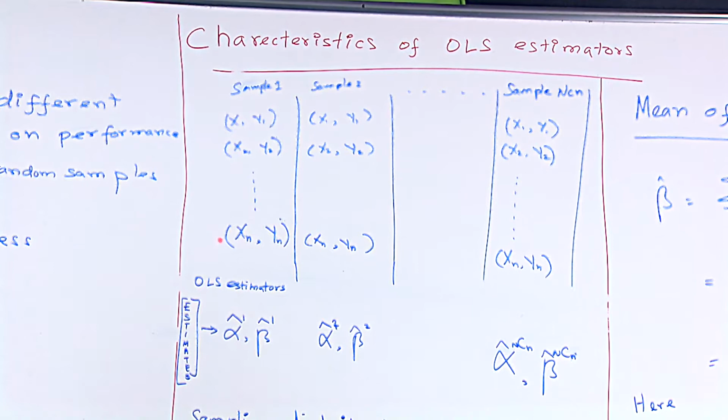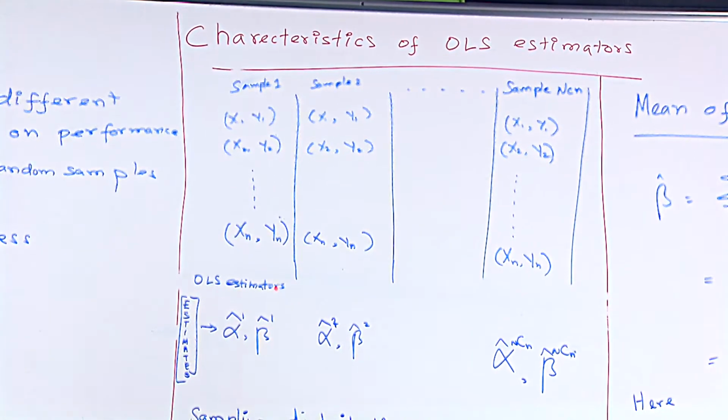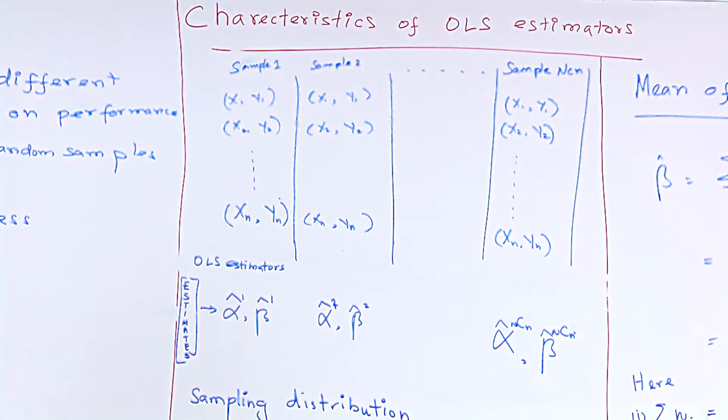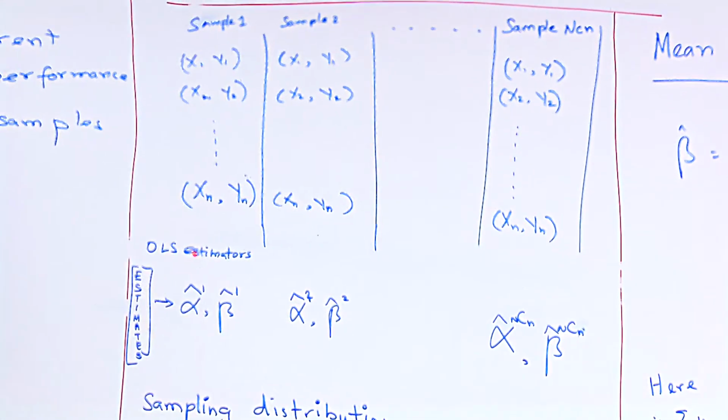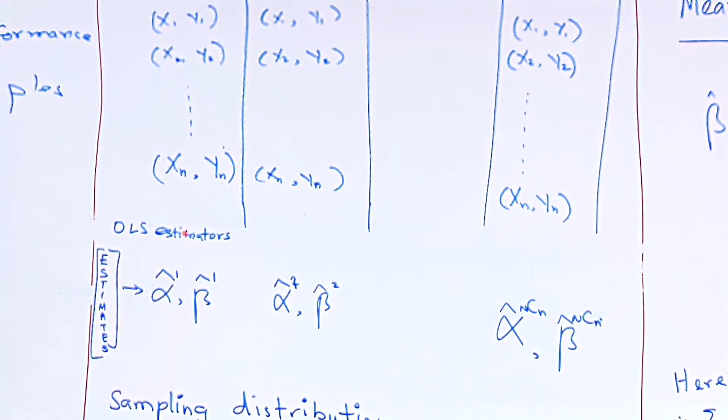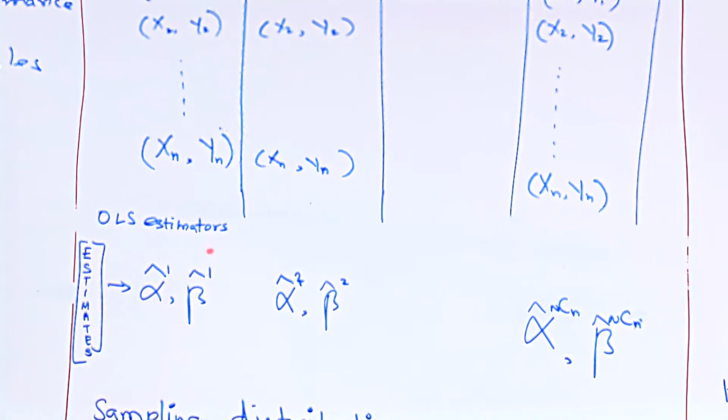For each sample, we may calculate the estimate using our OLS estimators. We have an estimator for alpha and an estimator for beta.